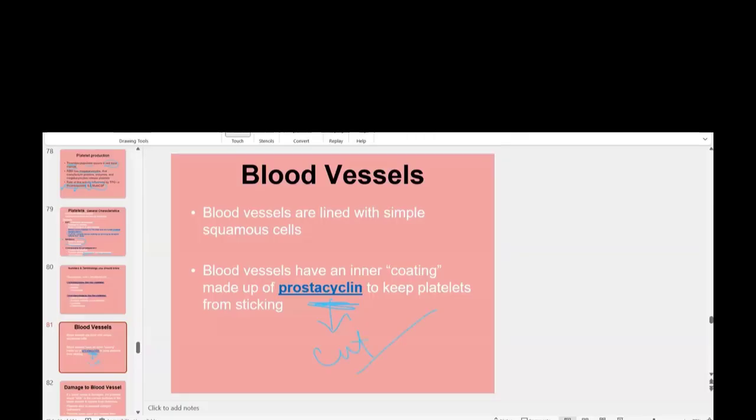Suppose this tissue has a cut, okay? So let's have a cut here. You need a platelet plug to come and form clumping and aggregation over there. That's good. You also need a clot to be formed over here so that this area can be sealed up and loss of blood is prevented.